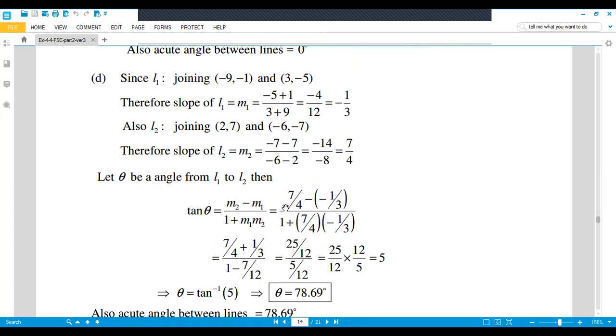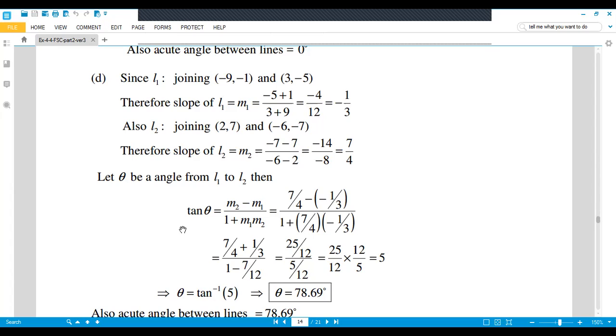When we simplify, when we take the LCM, we will get 12, and that will be 25 over 12, and here we will get 5 over 12. So 12 and 12 cancel with each other. We get 25 over 5, so 5 5s are 25, so we get tangent theta is equal to 5. But we want to find the value of theta, not tangent theta.